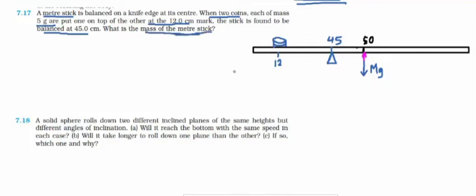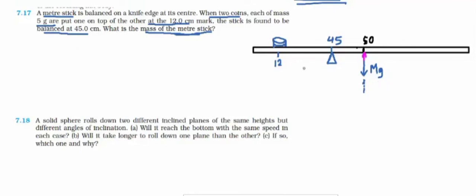Now here again we can consider two bodies. One is the meter scale itself. Its total weight is acting through the center of mass here. Capital M, we can take its mass.